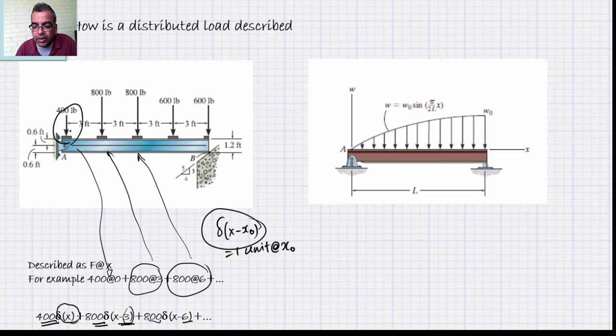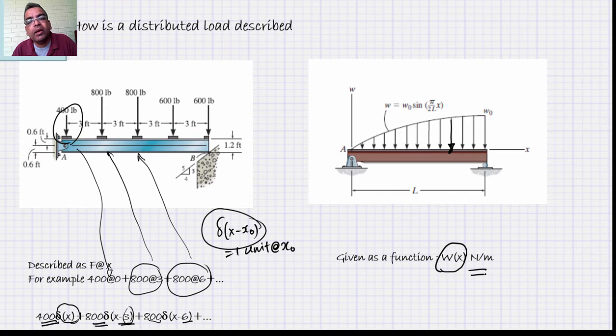What do you do with a distributed load? Now look at this one. Notice that the load is distributed over the whole beam. It's like a sinusoidal distribution. If you look at the load at any particular instant, this is not the load, it's the load intensity. How hard am I pushing at that point? It's given as a function w of x, and its unit will be Newton per meter.